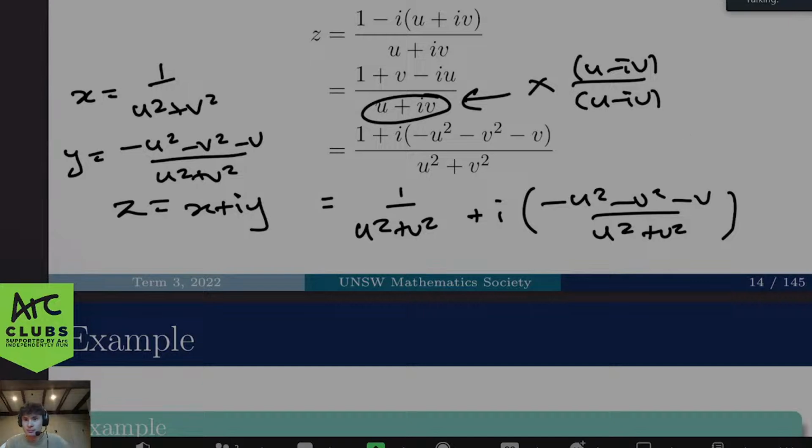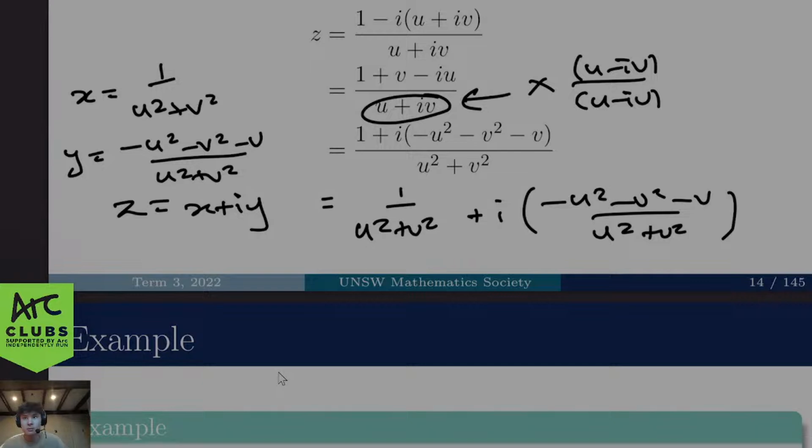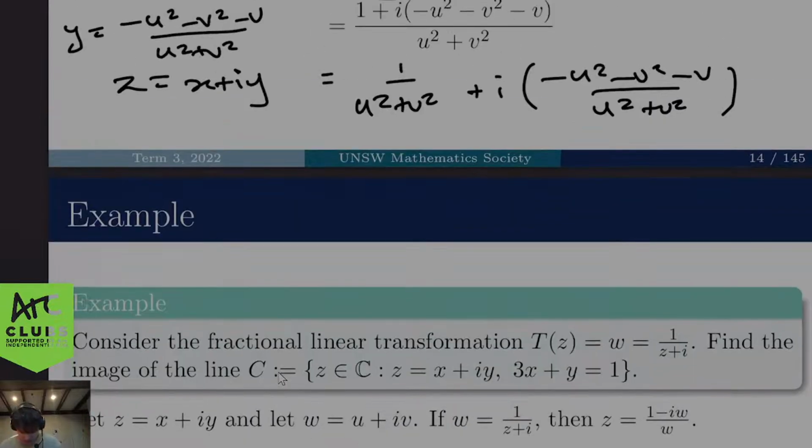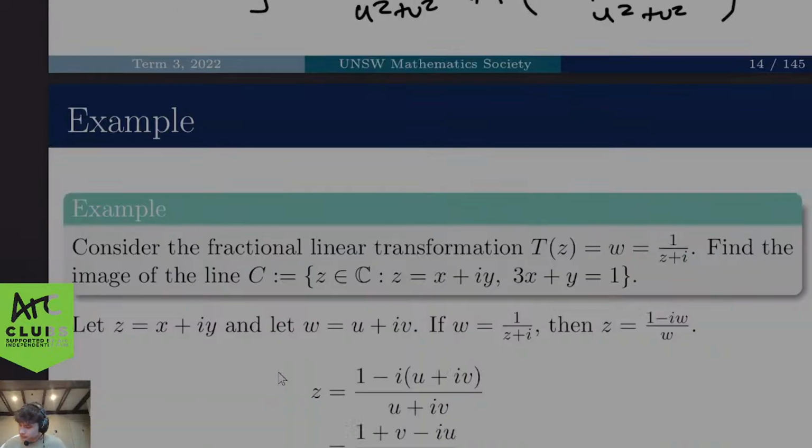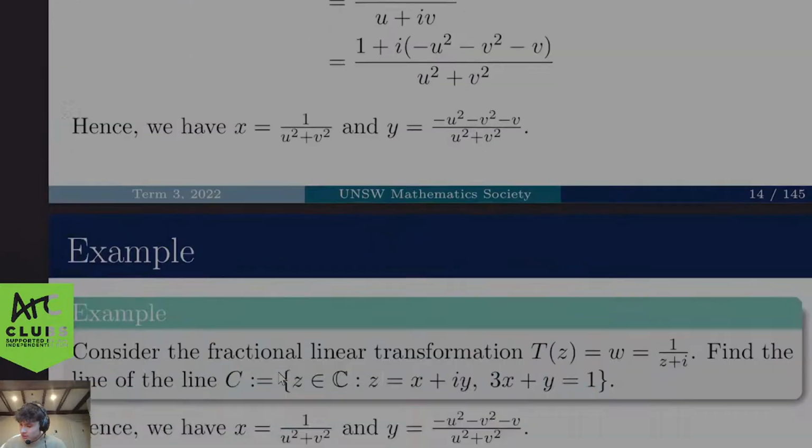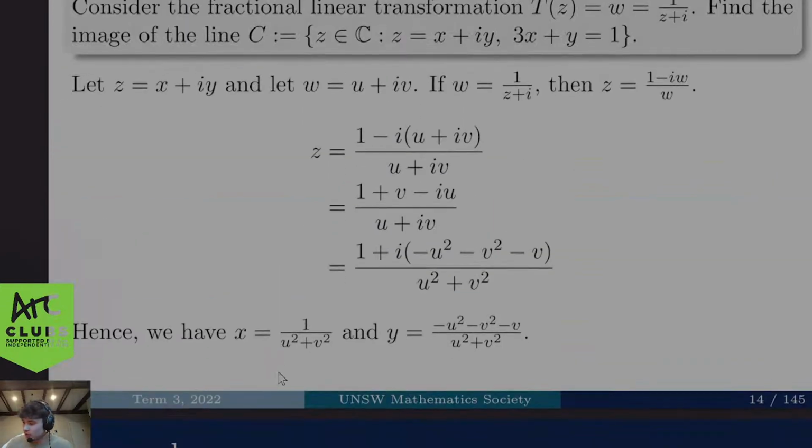So from here, what we're going to do is now realize that, because our points z lie on a line, we have some constraint on x and y, right?